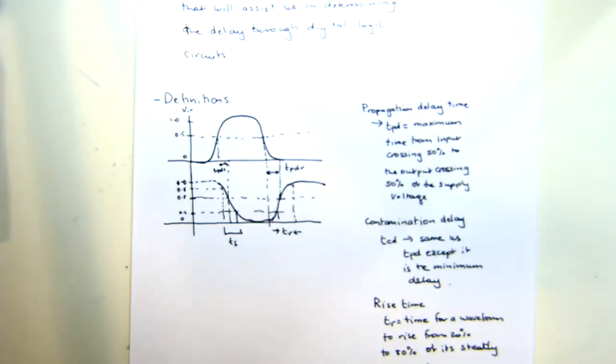There's no reason why those two transitions, increasing your voltage or decreasing your voltage at the output, need to be the same.